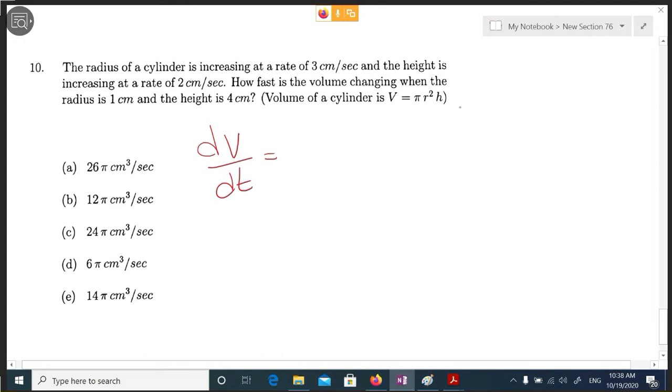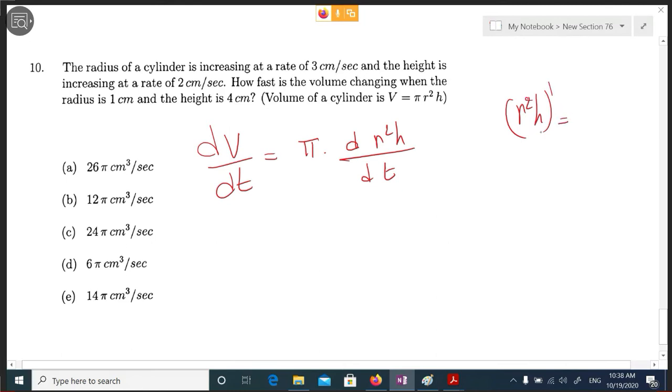This is the formula for V: pi r squared times h. So dV/dt is equal to what? Pi is constant, d of r squared h by d of t, and then this is just (r squared h) prime.